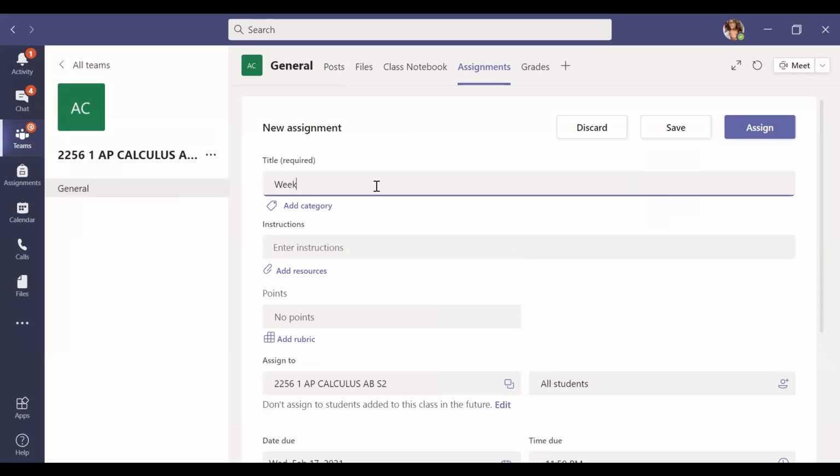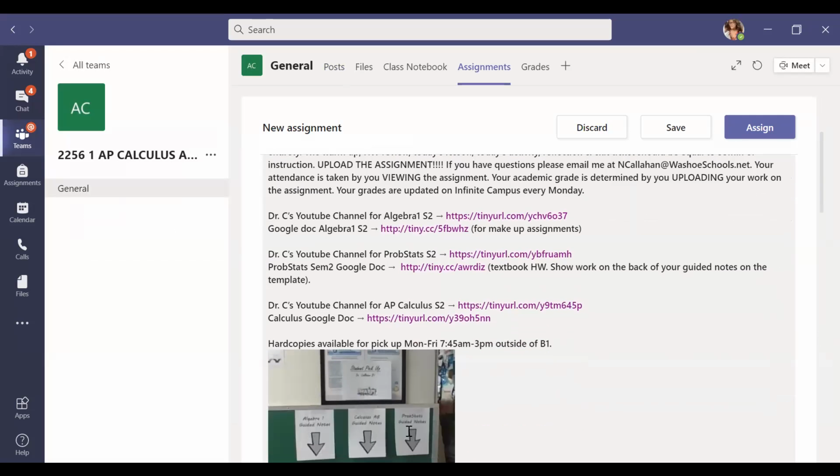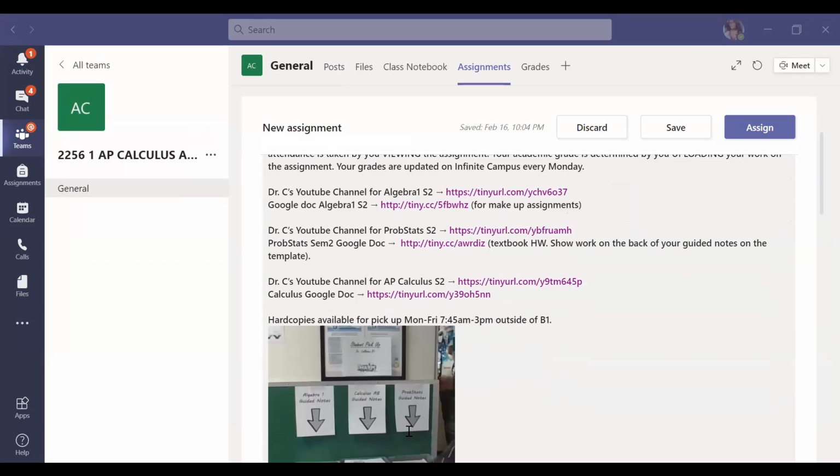So today is going to be Week 7 Wednesday. This is your instruction along with the links that you will need for this class. Today, we're going to continue on from what we talked about on Tuesday, which is the derivative of tangent inverse functions.